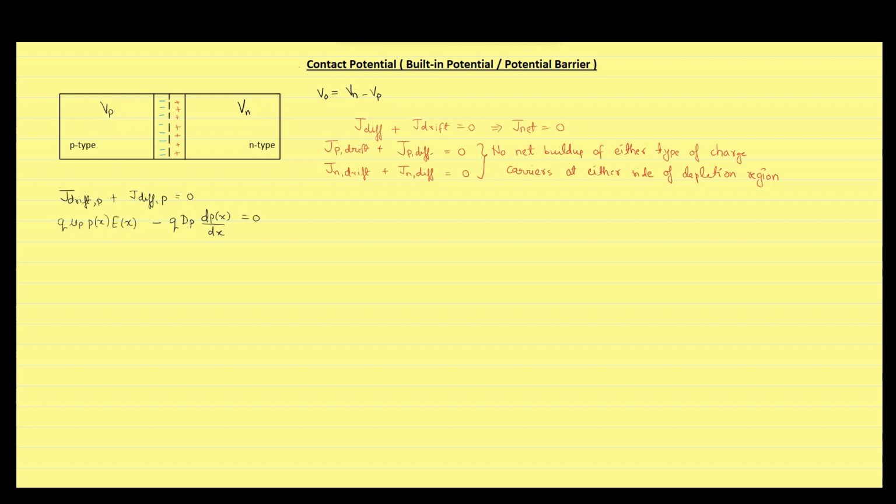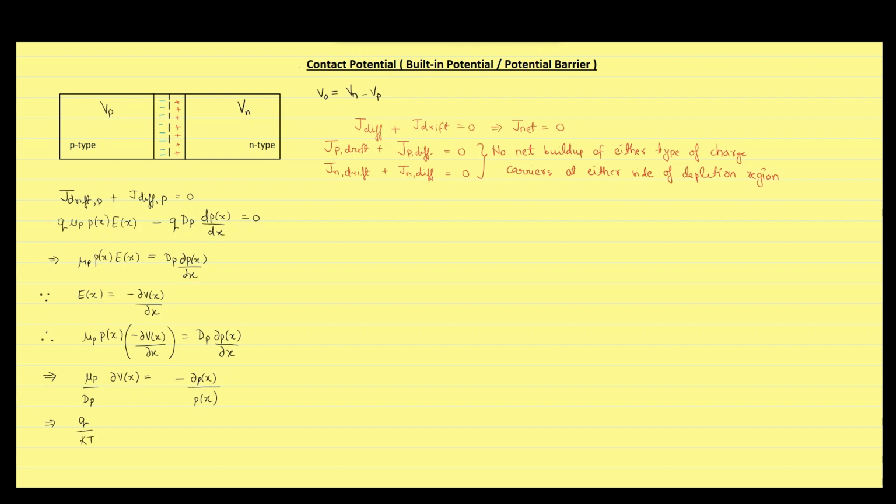After cancelling the charge q, we have, also we know electric field is equal to negative of potential gradient. We can rearrange this equation like this. By using Einstein relation, we can write mobility divided by diffusion constant of hole to be equal to charge divided by kT.